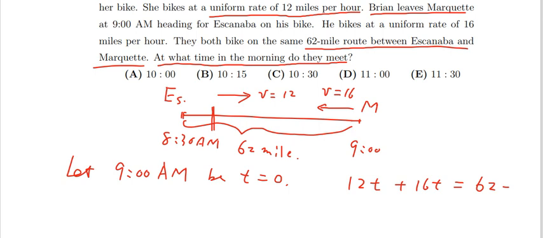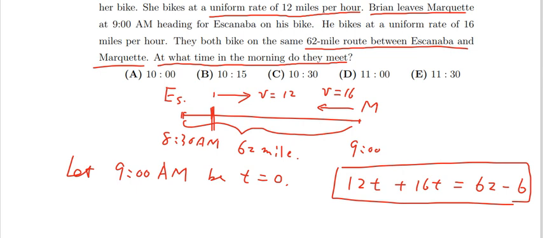So we just minus half hour. Half hour for this guy. So half hour, how many miles? So the speed is 12 miles per hour. So half hour is 6 miles. And so from here we can find t.